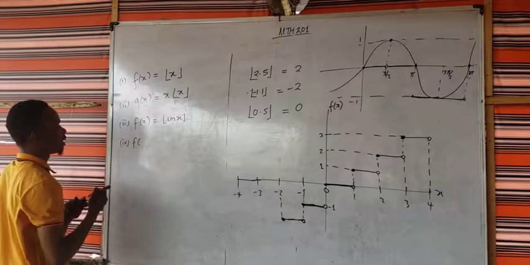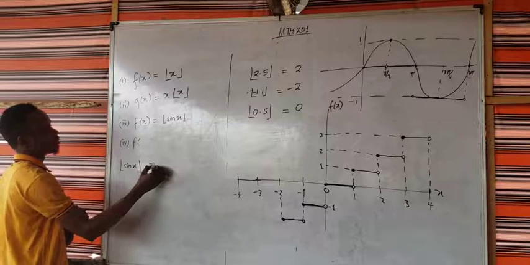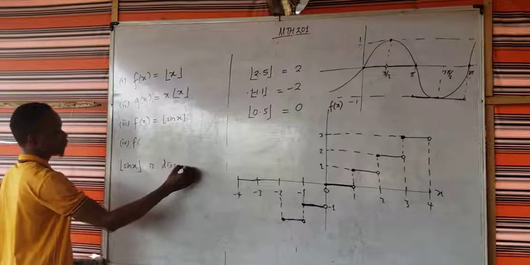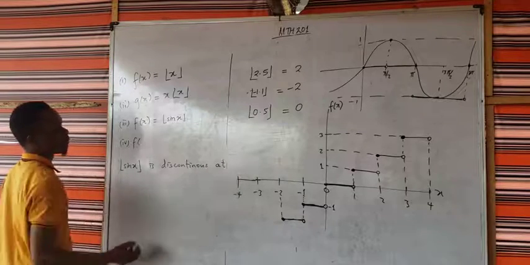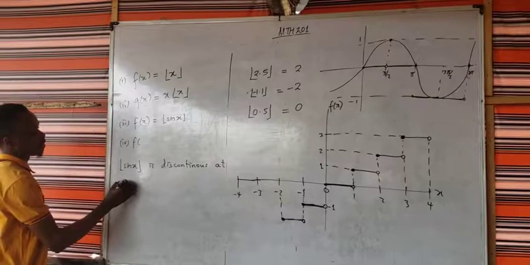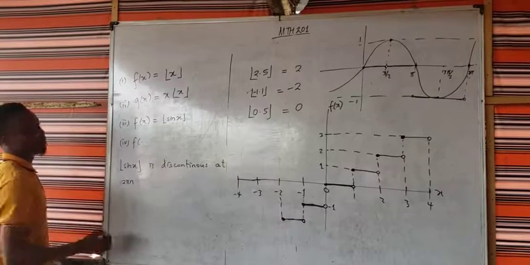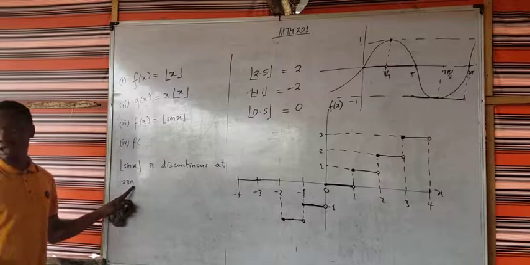Okay, so we'll say that this sine x is discontinuous at every multiple of 2 pi. So we can say 2 pi n, is that clear? n is an integer altogether.